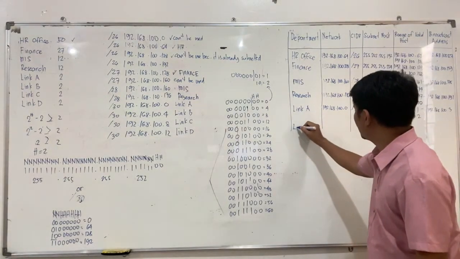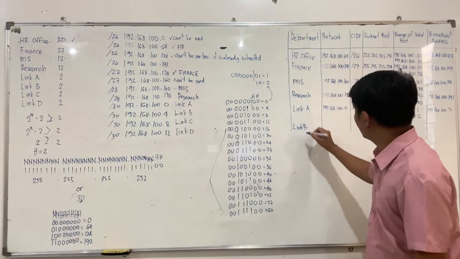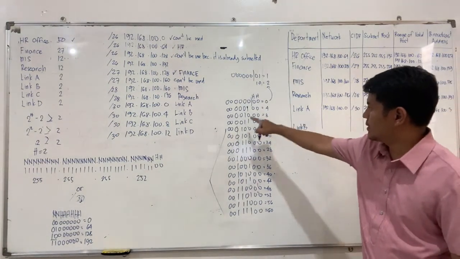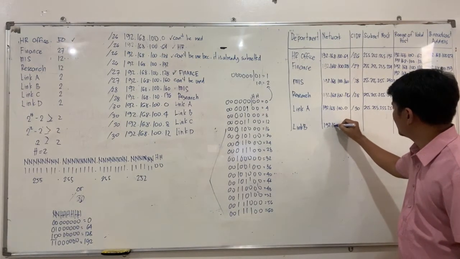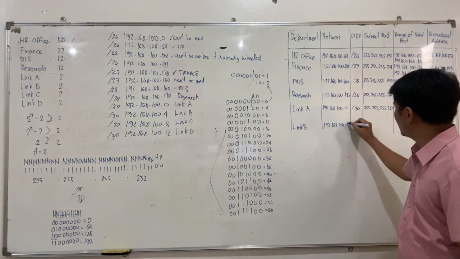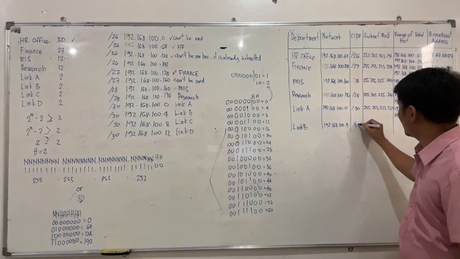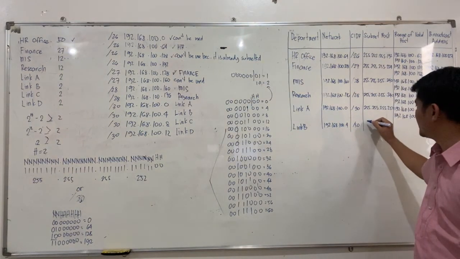How about for link B? Link B, we have that 4: 192.168.100.4, which is also a /30 number.